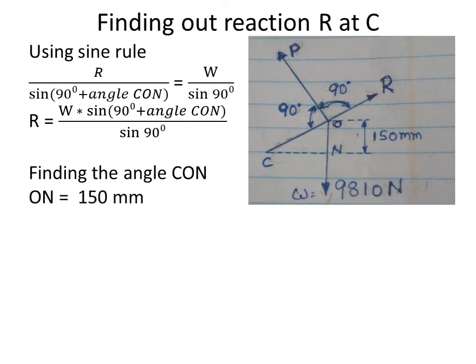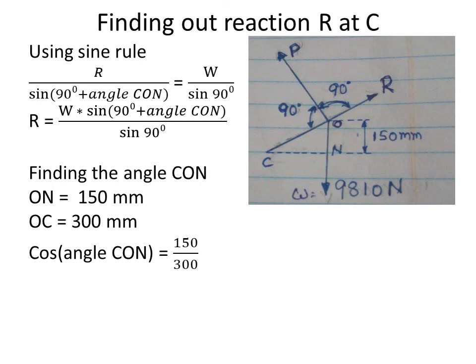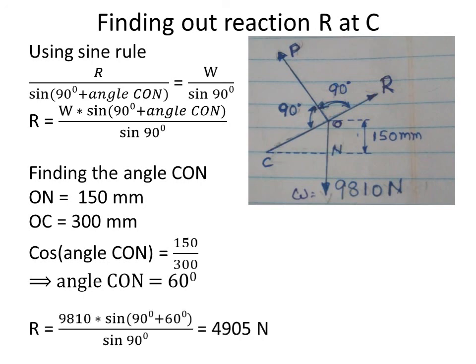We know ON is 150 mm, OC 300 mm. So cos angle CON equal to 150 by 300. So angle CON is 60 degrees. So by substituting the value of angle CON, R equal to 9810 into sine 90 degrees plus 60 degrees divided by sine 90, it comes 4905 newtons.